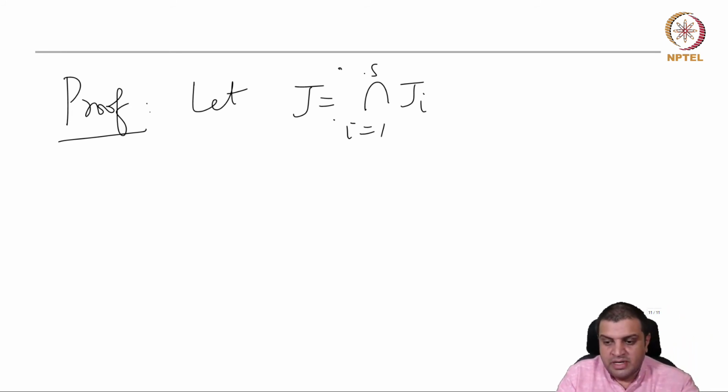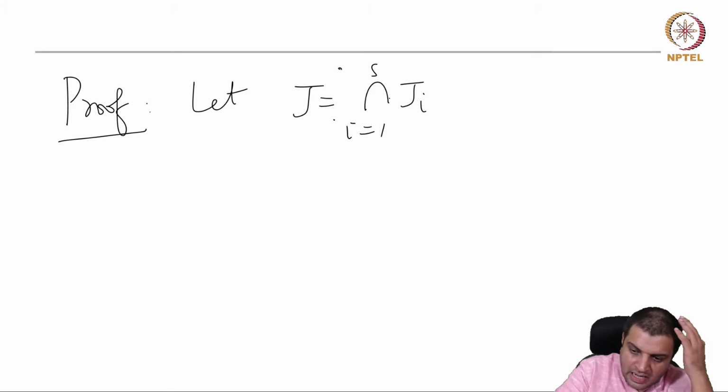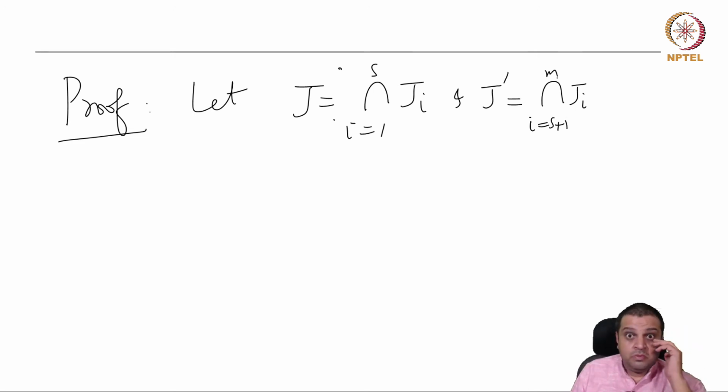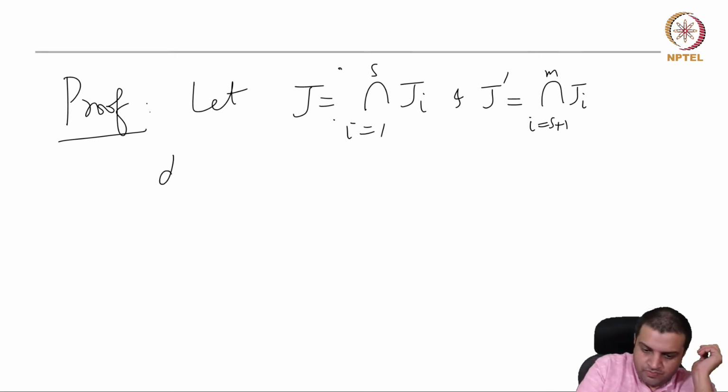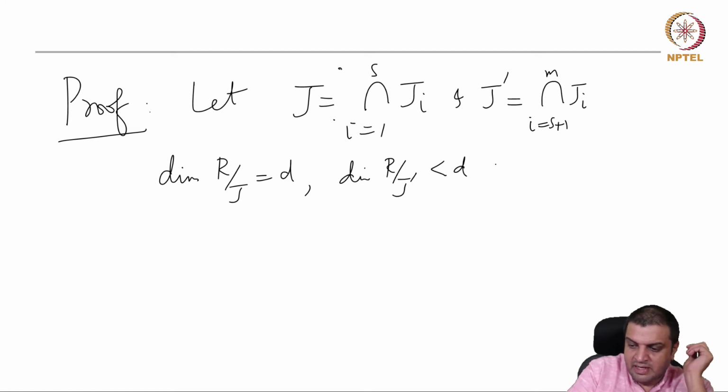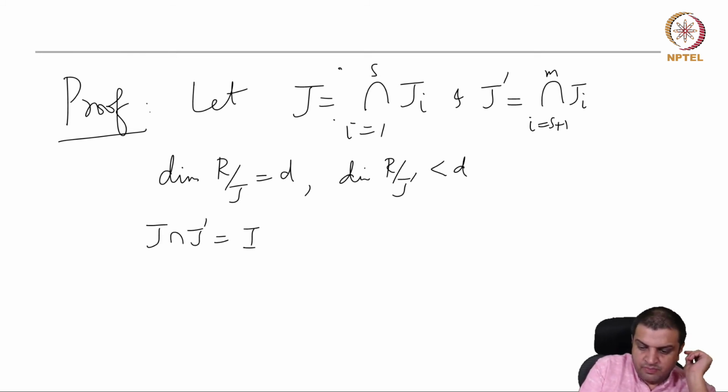Let's split them by the dimension. So this is a primary decomposition of J, and all the components have the same dimension. And let J' be the intersection of the J_i, i goes from s plus 1 to m. Okay. So then dimension of R mod J is d, and dimension of R mod J' is less than d, because all the components there have smaller dimension. Okay. And J intersect J' is I.